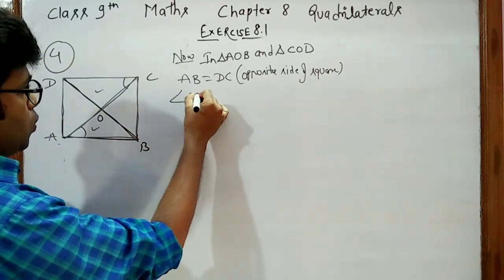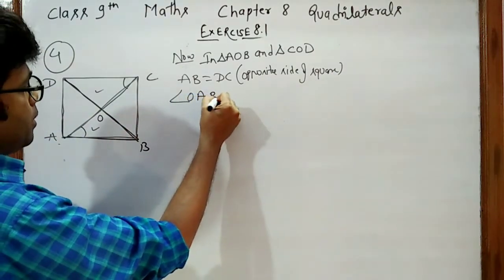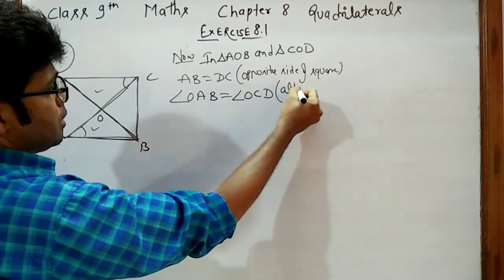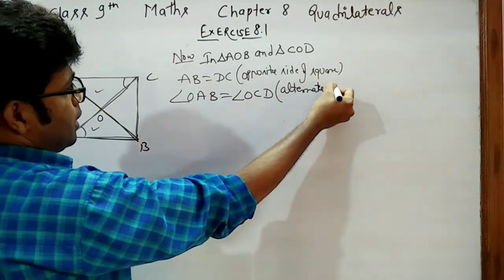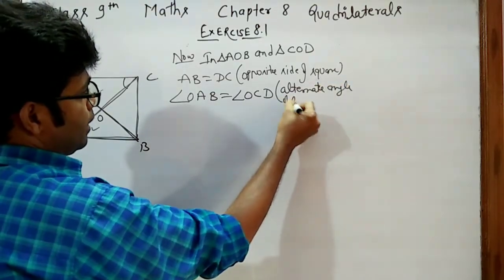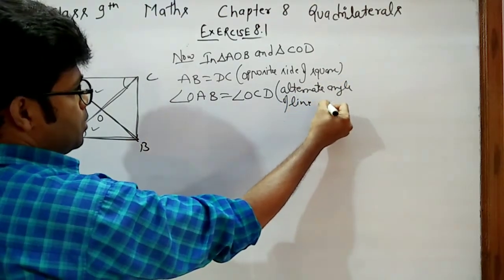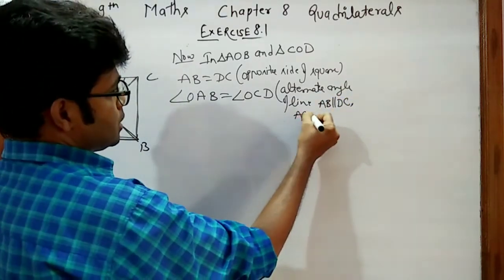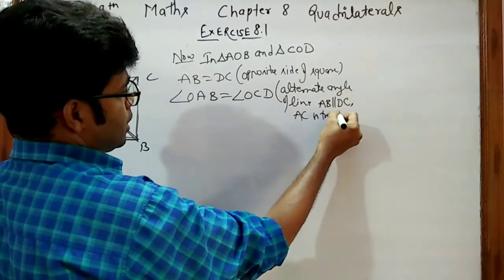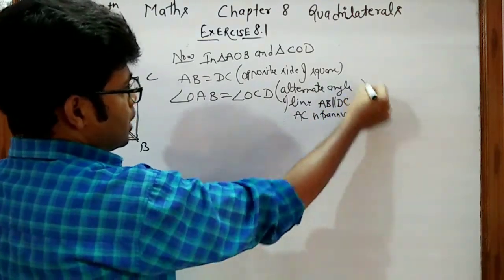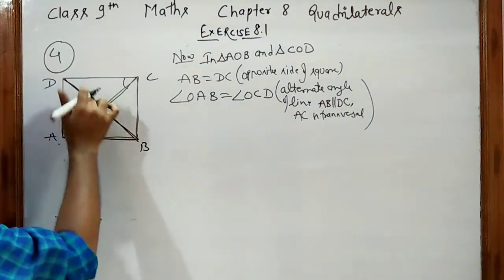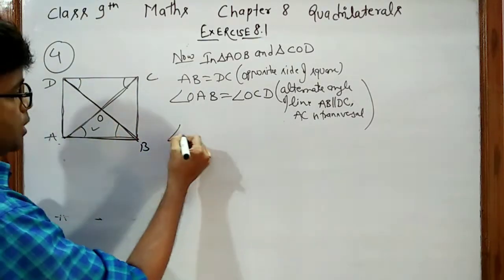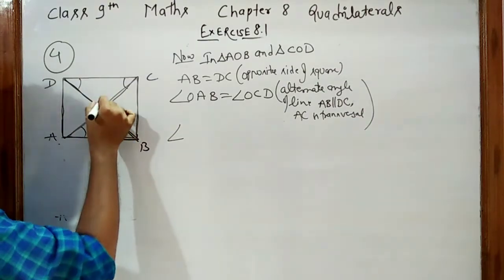Angle OAB is equal to angle OCD, alternate angles, because AB is parallel to DC and AC is the transversal. Like that, we can show that these angles are also equal, or we can prove that the vertically opposite angles are equal.